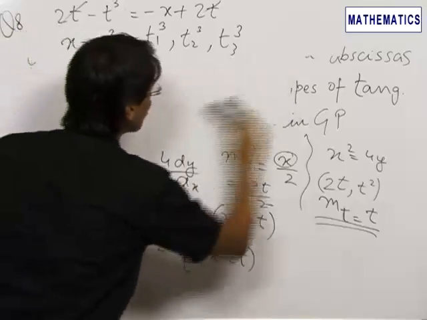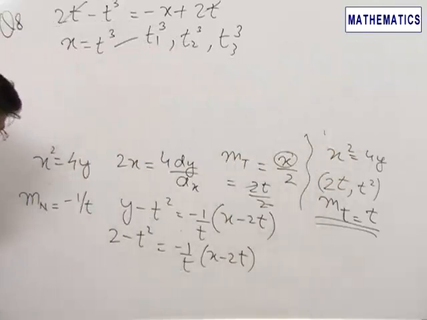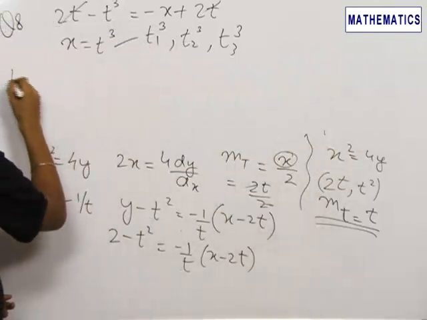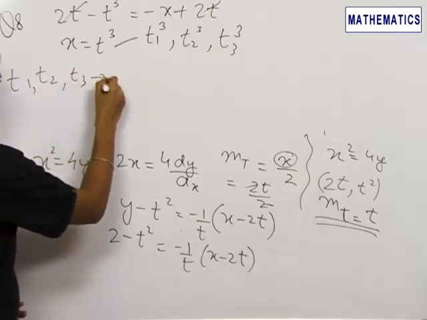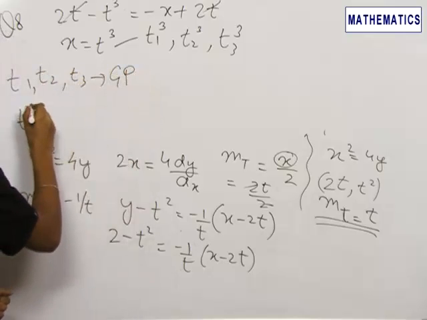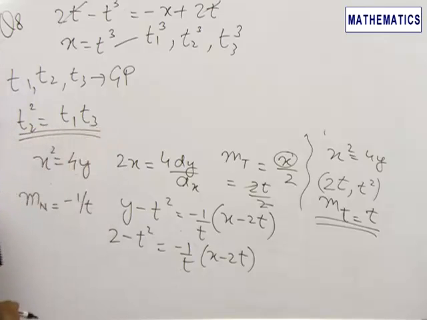We need to prove that the slopes of tangent at the three co-normal points are in GP. That is, we need to prove that t1, t2 and t3 are in GP. That is, t2 square is equal to t1 t3.